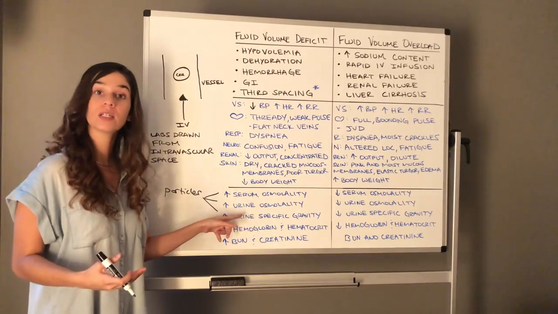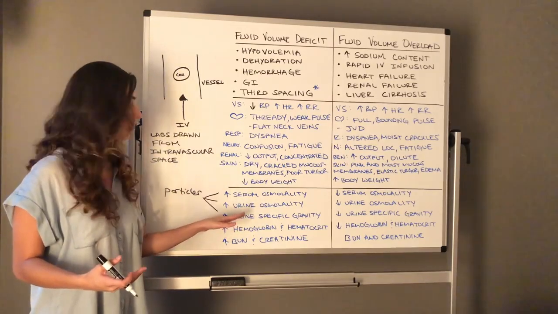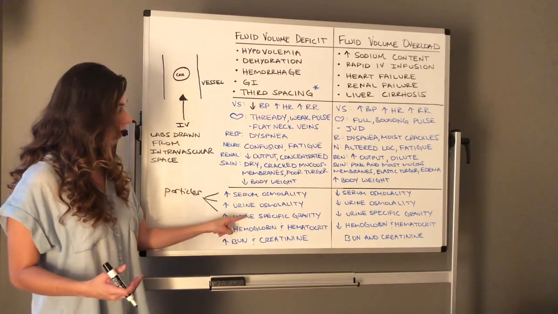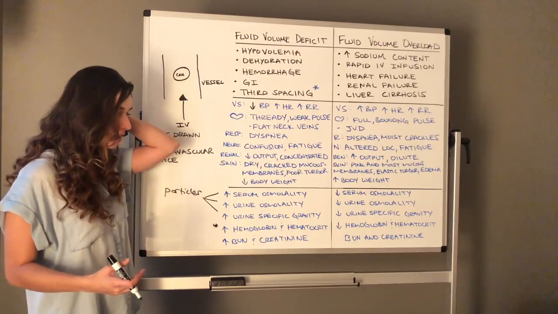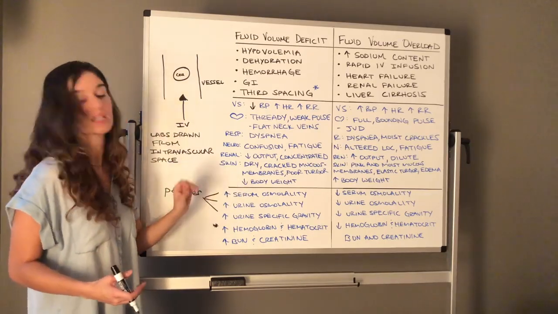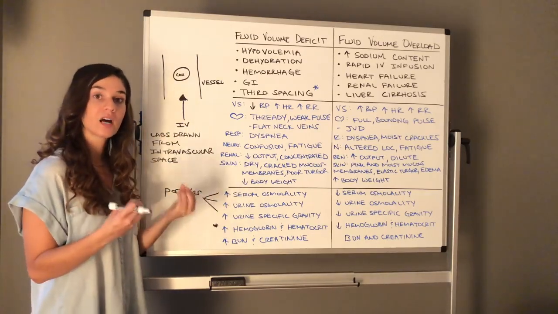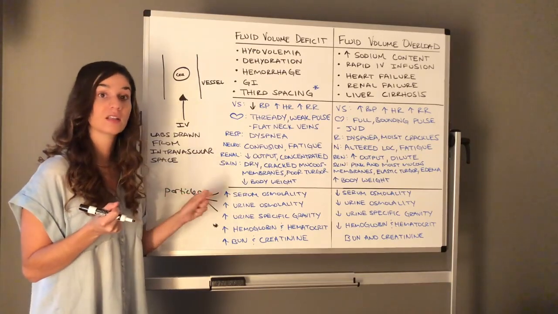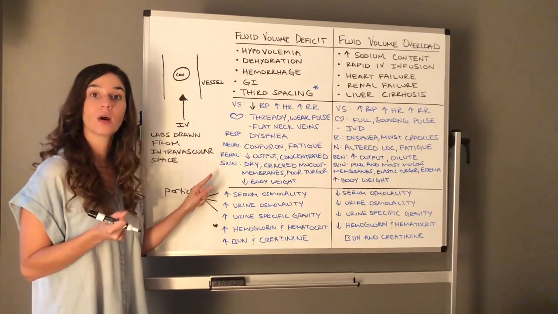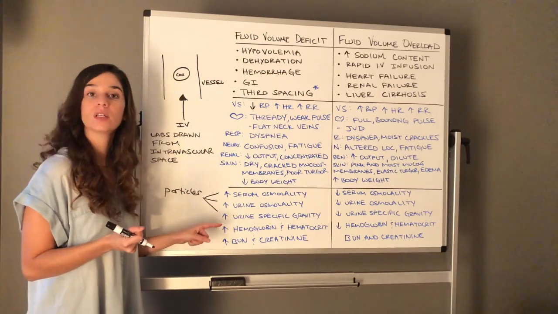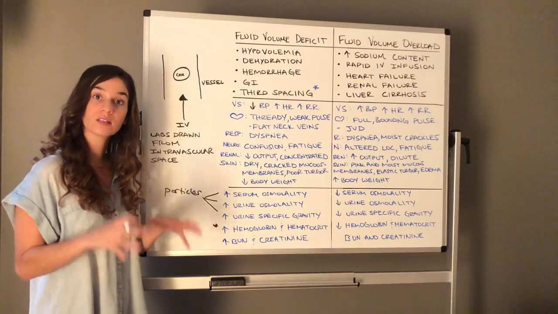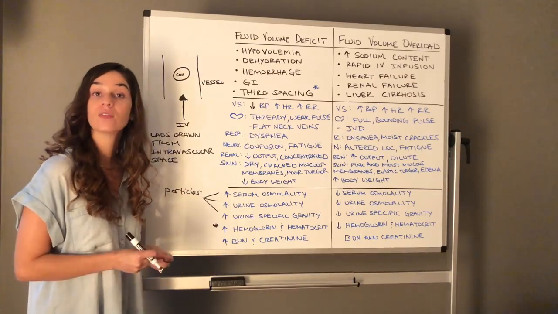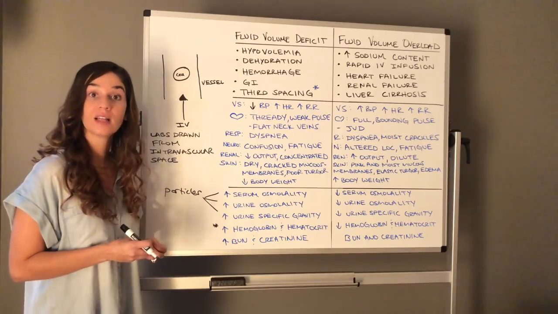If we're losing fluid and we're not losing particles, these lab values, serum osmolality and urine osmolality, well, let's start with serum because it's in our blood. If we've lost a lot of fluid, the particles in our blood are going to become more concentrated. So serum osmolality is going to go up. Let's talk about our urine. We already talked about how our body copes if we've lost a lot of volume. We've lost a lot of fluid, our kidneys are going to try to hold on to whatever urine or whatever fluid we have left.